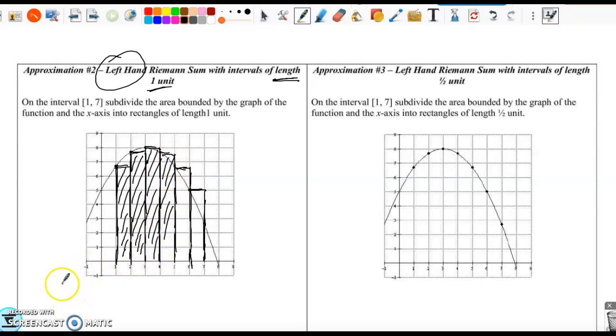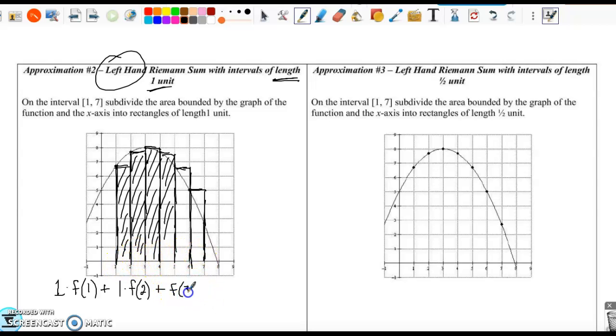Now, how's the formula going to be written? Well, each width now is 1 times f of 1, the height of the first rectangle, plus 1. I'm going to be done writing 1 times because that's not going to change anything. But notice it is length, width times height, and the width is 1 throughout all of these.